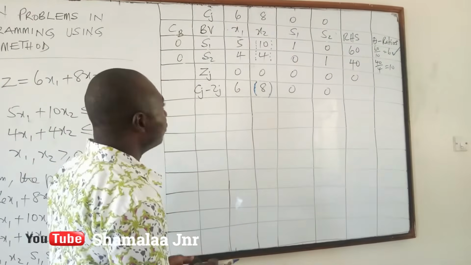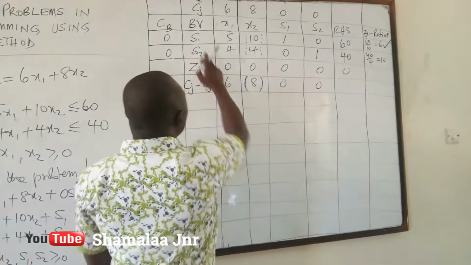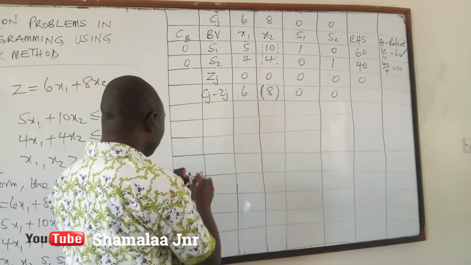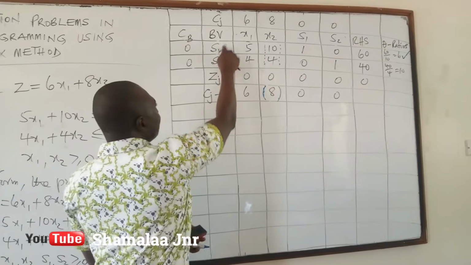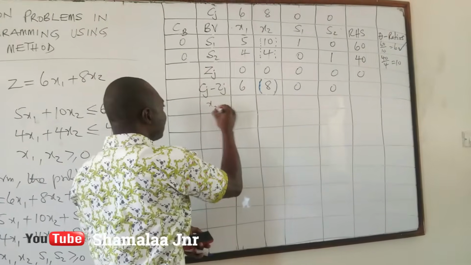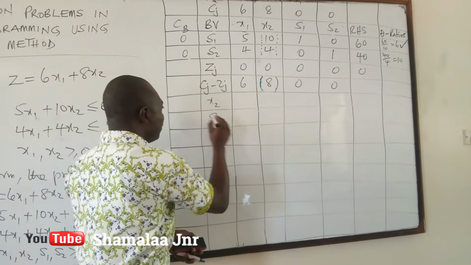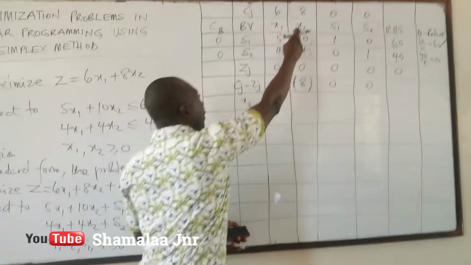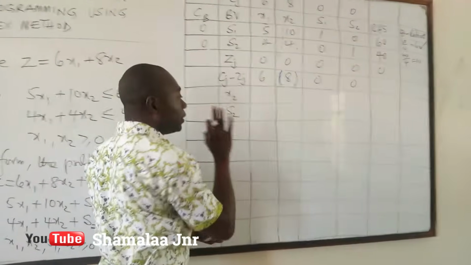Now let's continue. So S1 will leave, and its position will be taken by S2. So let's continue the table. S2 has come here, and in fact you don't have to change the positions. S1 was first, so S2 should come and replace it. It should be first.